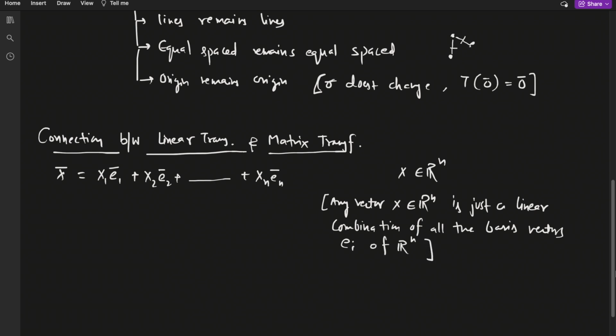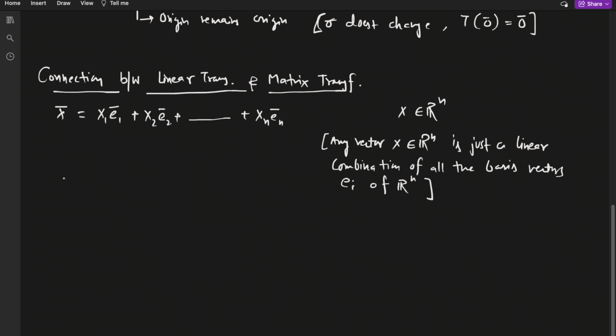This should be very clear to you if you have seen my previous lecture, where I went into detail. Now let us suppose I apply a linear transformation T on x. I need to see what this linear transformation T does to x. So applying a linear transformation T to x basically means this.